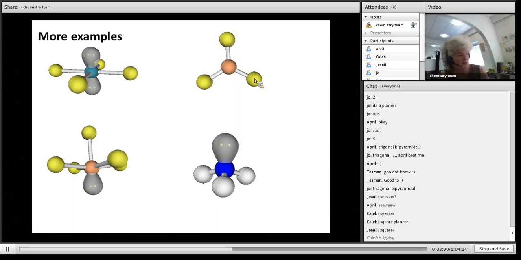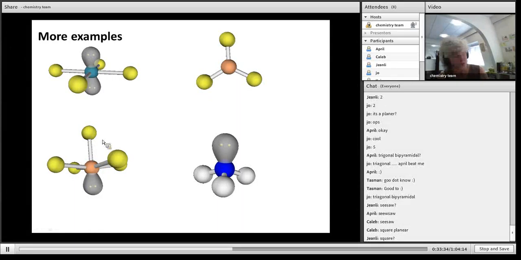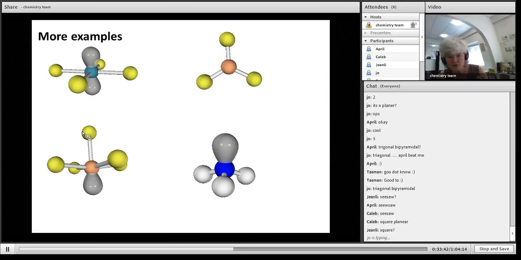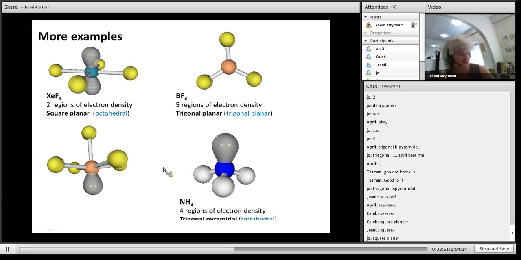Here is one where it's an octahedral electron geometry, because there are 6 areas of negative charge here. So that one's square planar, that one's trigonal planar, as I said. Oh, I've forgotten which way I'd done these things. You know the ammonia one, of course, from last year.